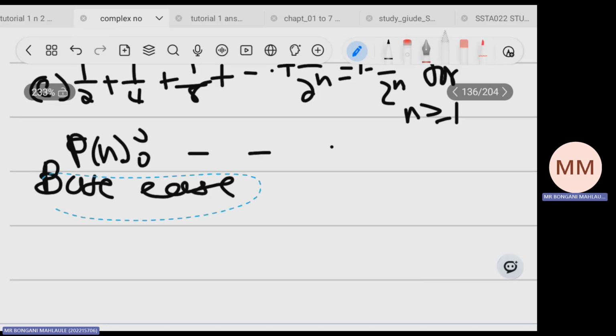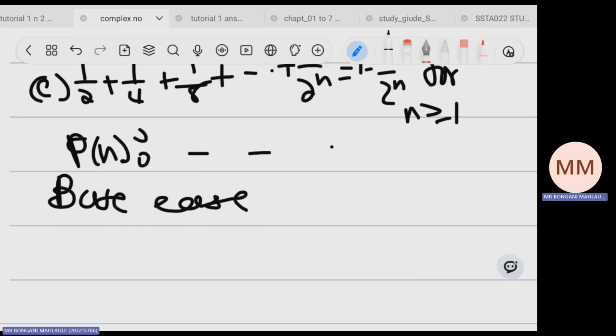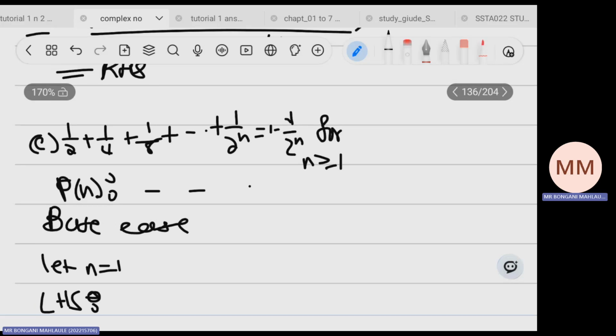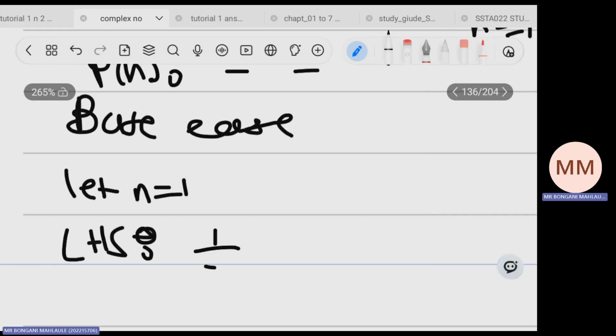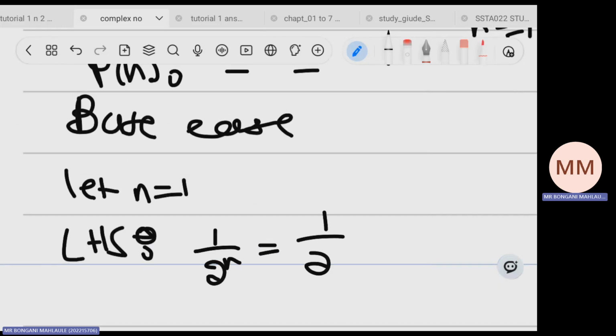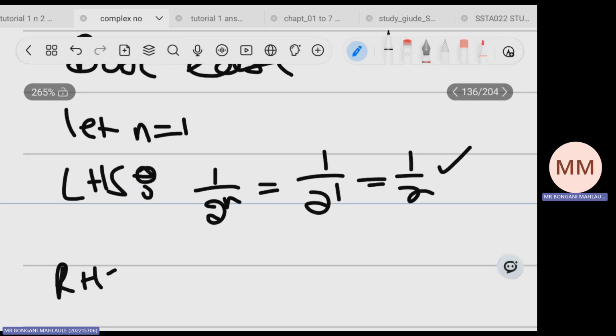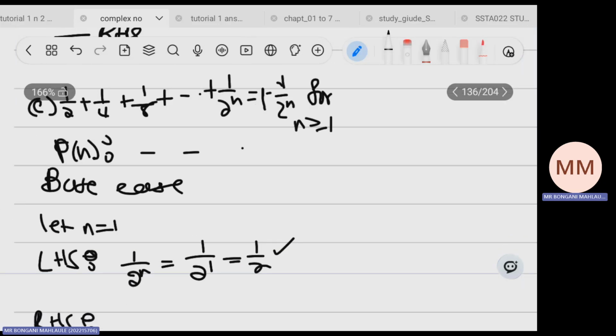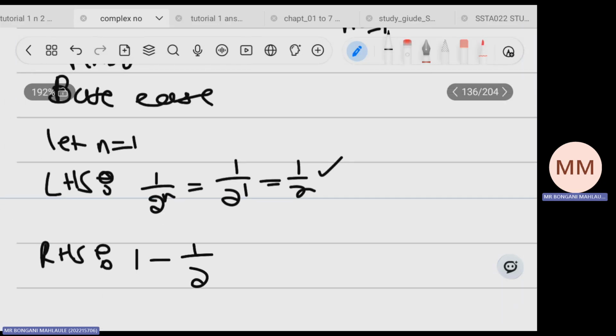Obviously, you're going to say let n equal to 1. The left hand side will be equal to 1 over 2 to exponent n, which will be 1 over 2 to the 1, which is 1 over 2. Then our right hand side, we're having 1 minus 1 over 2 to the n.